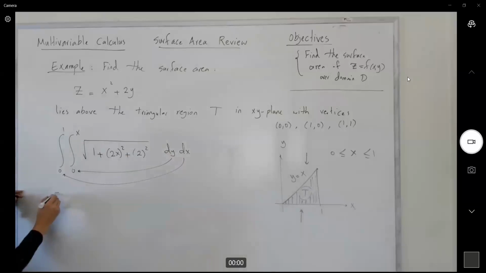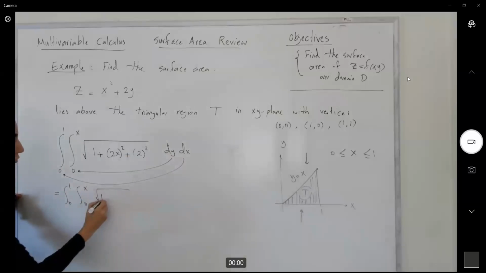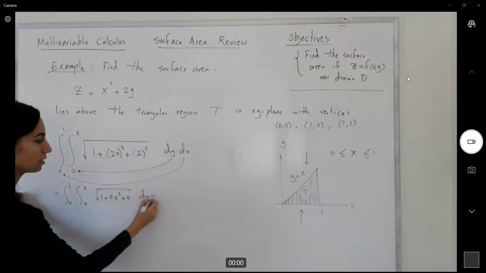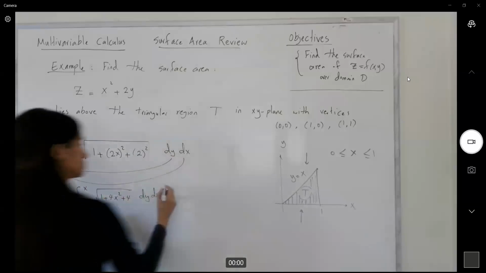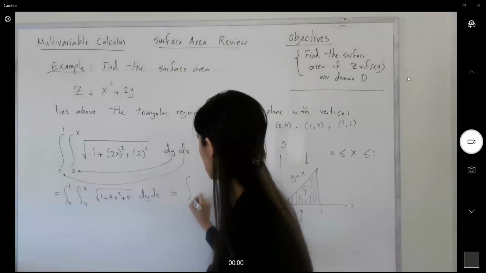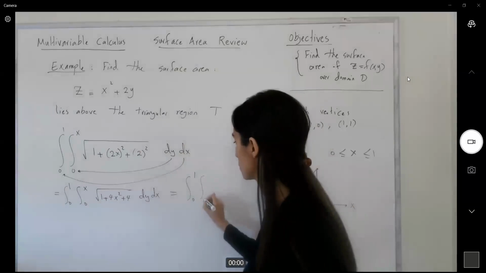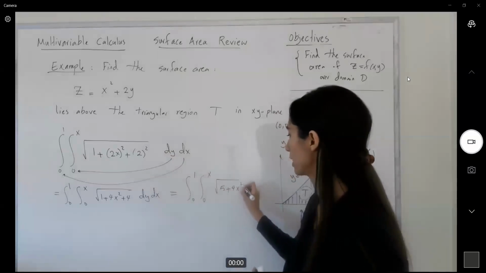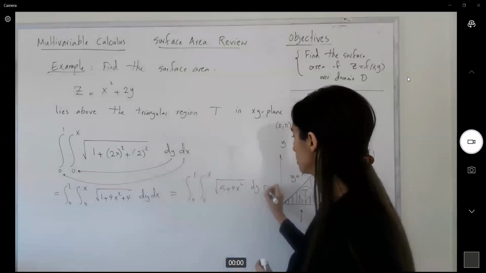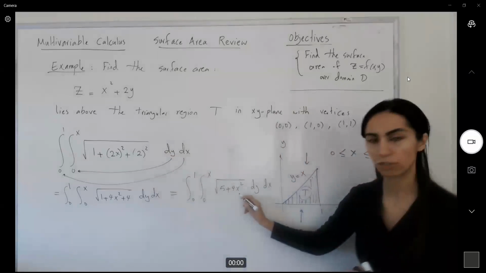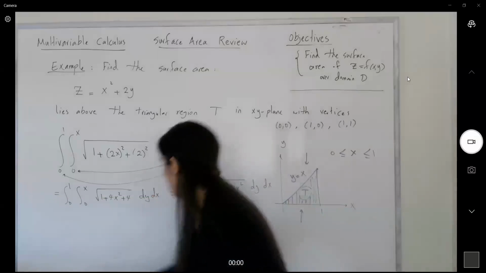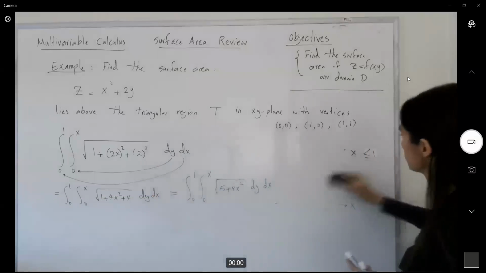Okay, so this is equal to the integral from 0 to 1, 0 to x, of the square root of 1 plus 4x squared plus 4 dy dx. So your integral can be written as the integral from 0 to 1, 0 to x, of the square root of 5 plus 4x squared dy dx. This is a function having variable x in it.